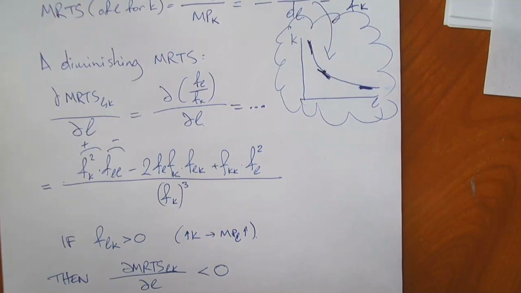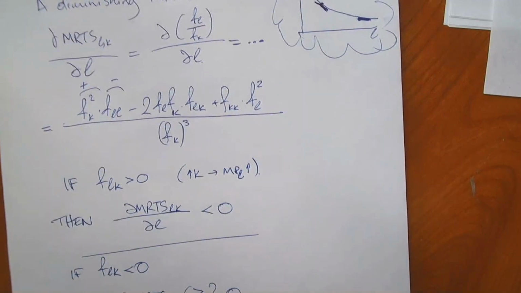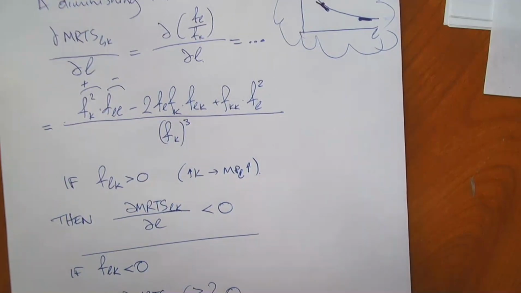There are some conditions that need to be met over here. It could be greater than zero or it could be less than zero. So generally, without going into a lot of details, we will consider F_KL greater than zero as a sufficient condition for diminishing MRTS.